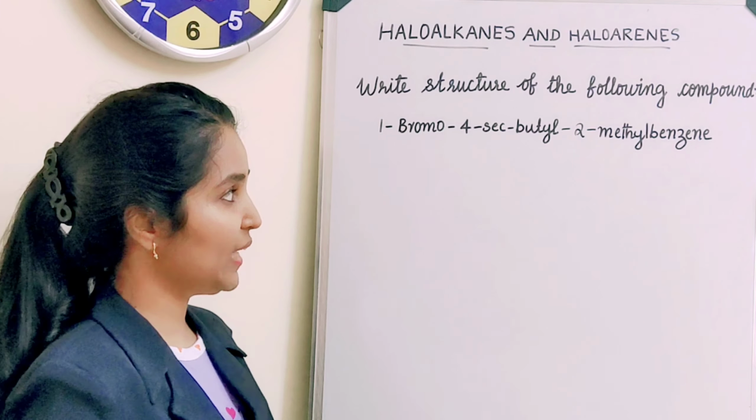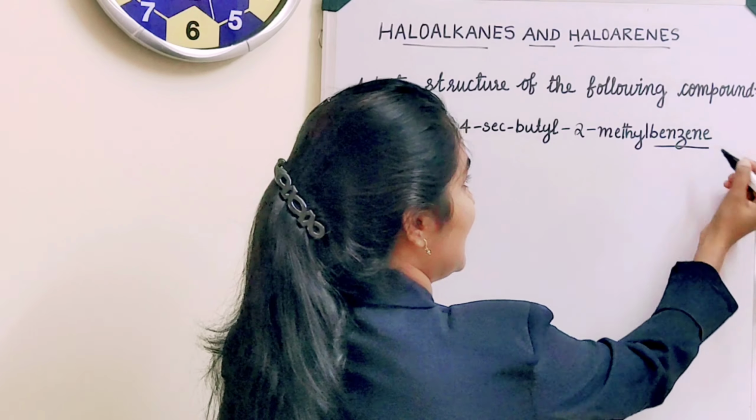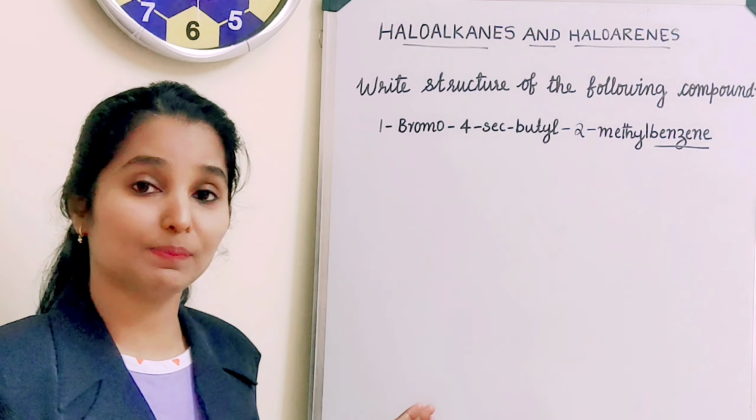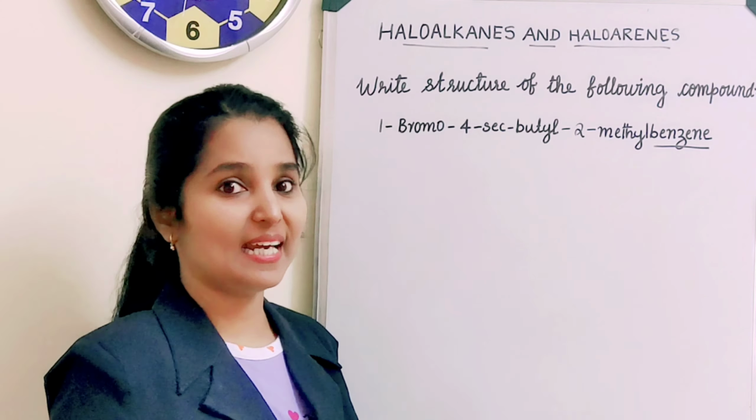Here we have the parent chain, that is benzene. The rest of the things are substituents. The parent chain is the basic skeleton of the given name, so we have to draw that first. So benzene is drawn. Okay, the parent chain is drawn.